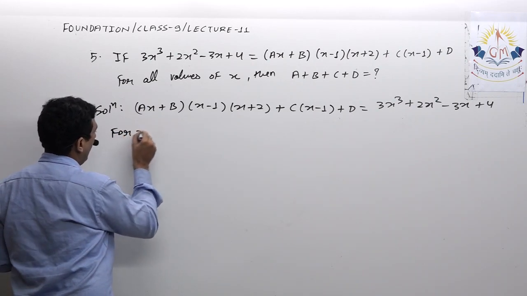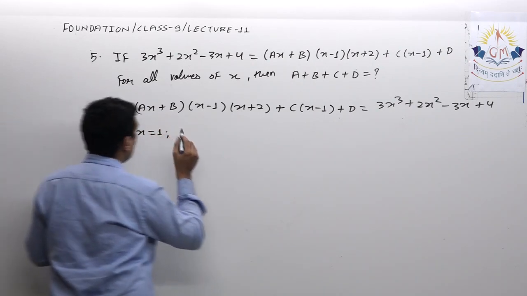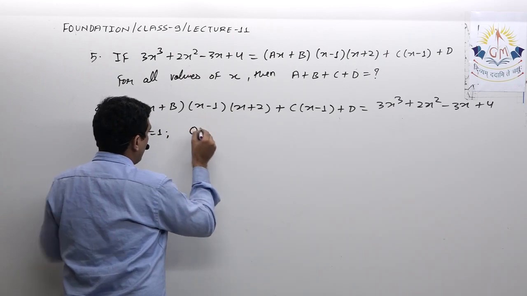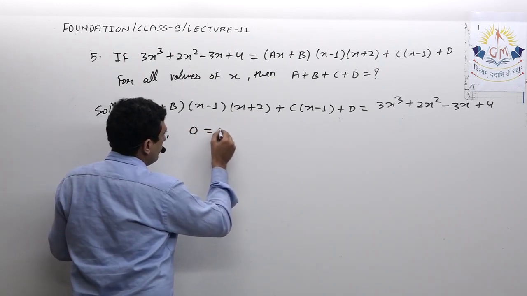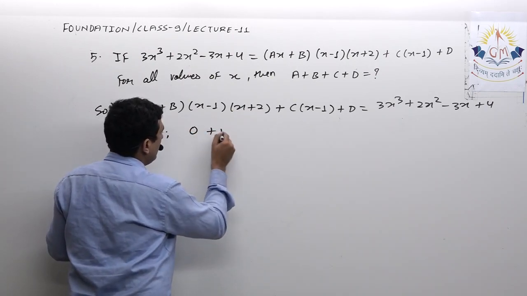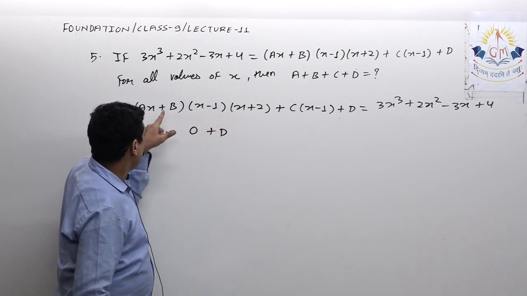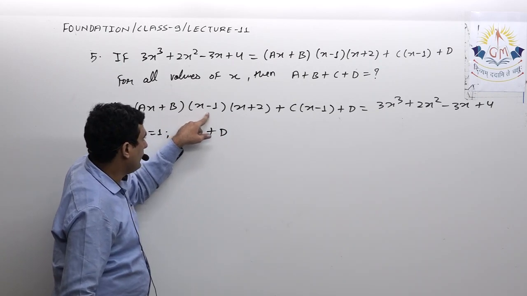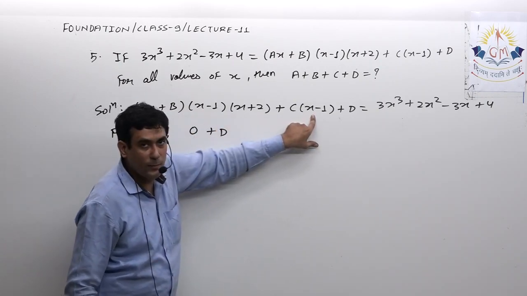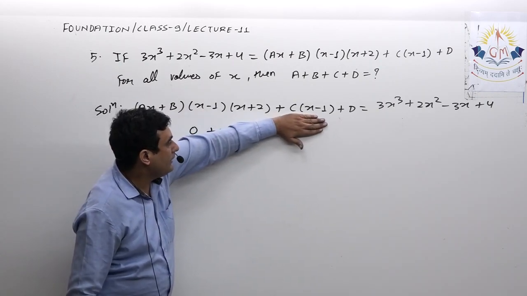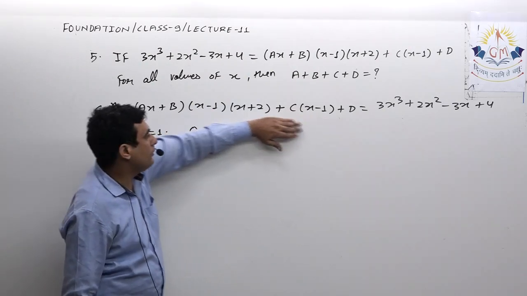For x equal to 1, I can write 0 plus d is equal to, okay, I'm not putting the value in each and every step. You can understand that if I put x equal to 1, this will become 0 as well as this will become 0. That means this c into x minus 1 will be 0.